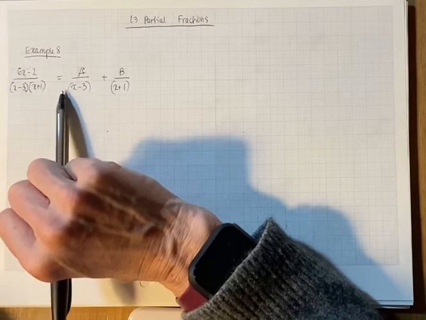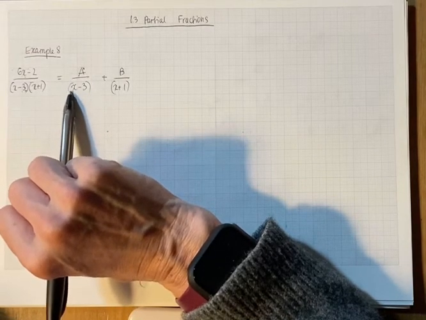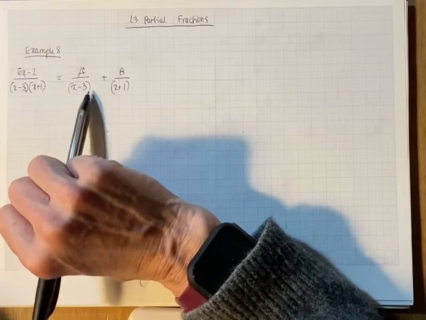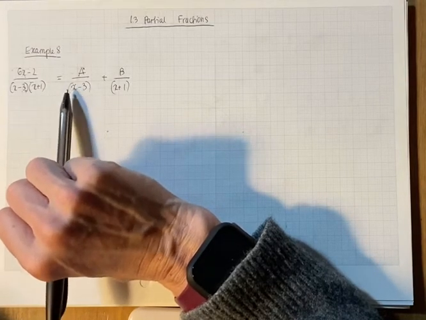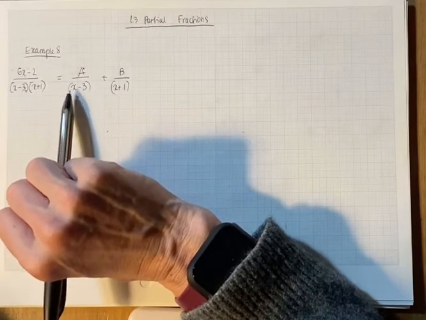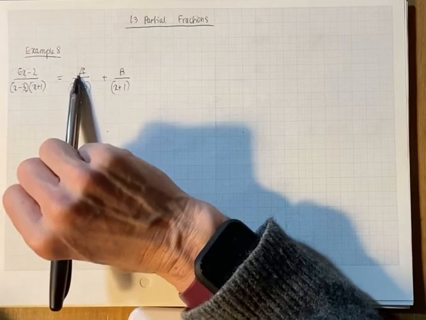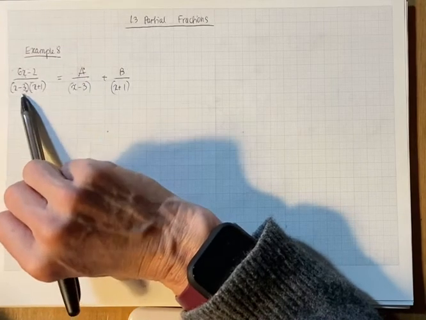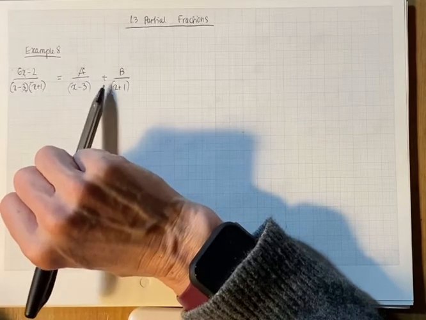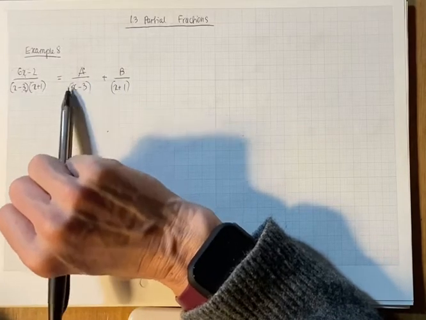Right, so now there's two ways of doing those questions. One way of doing it is by substitution, one way by equating coefficients. But before you can appreciate both methods, you need to manipulate the right hand side so you get the equivalent expression. One way of manipulating these is actually to add these two fractions together.